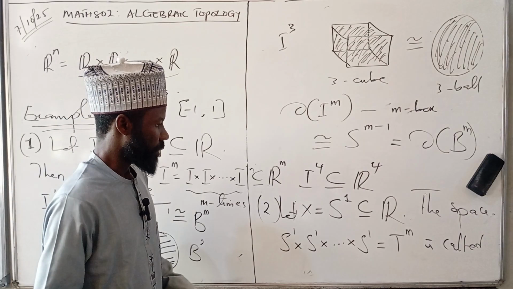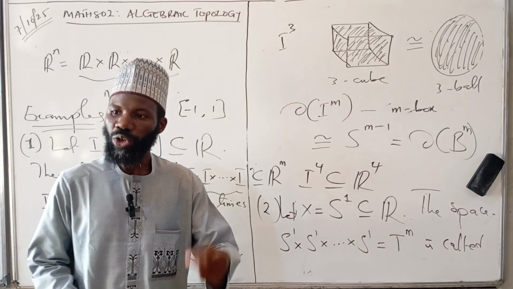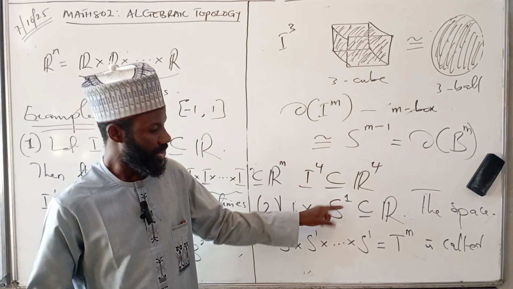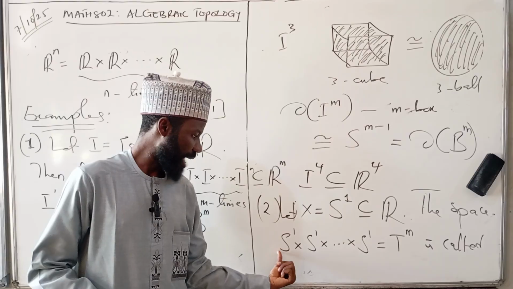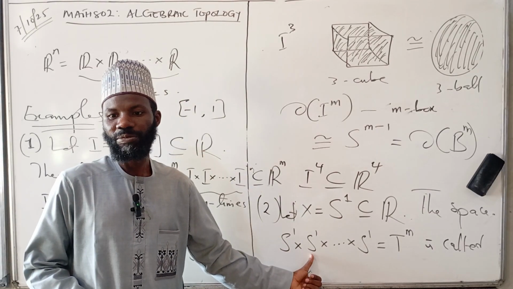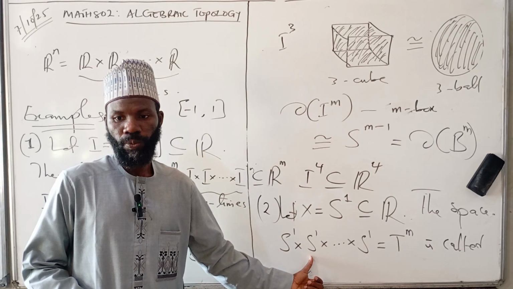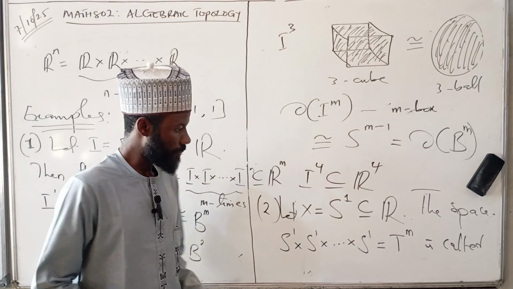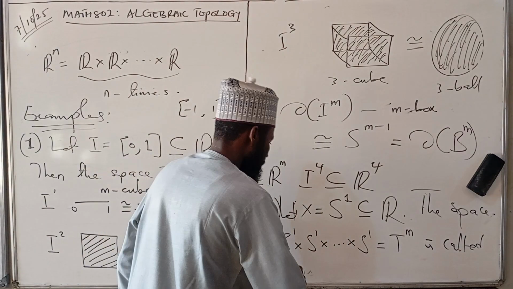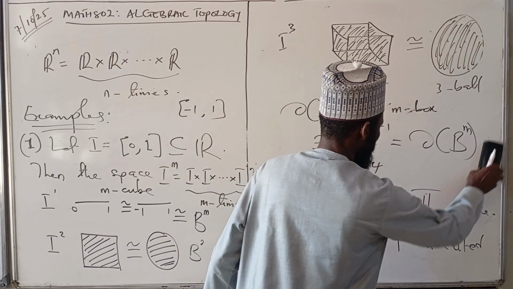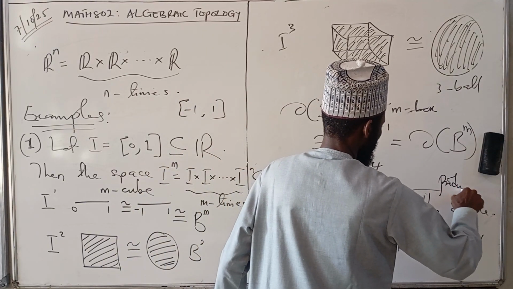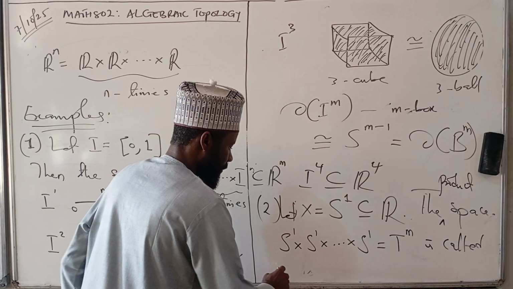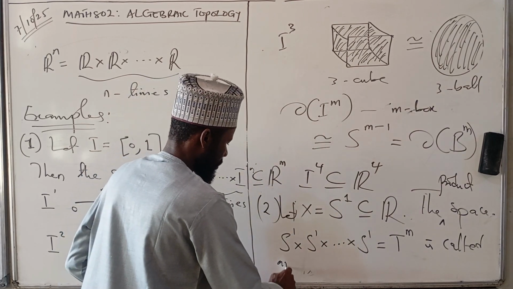So I can take a space and get something entirely not homeomorphic to the cycle, because this cycle is of dimension 1. Now by the time you multiply with itself, you get a space of dimension 2. Okay, I'll give you a formula to calculate the dimension of a product space. So this product space is called an m torus.